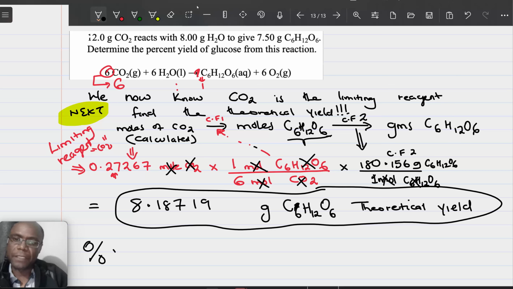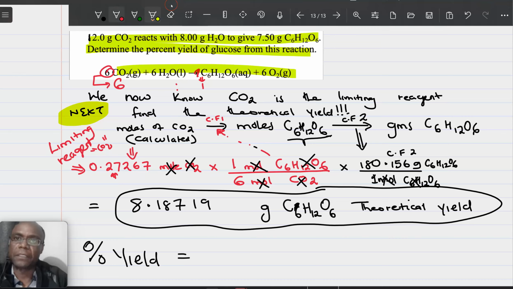So if you want to find the percent yield, which was the question, see, the question reads: 12 grams of CO2 reacts with 8 grams of water to give you 7.5 grams of glucose. Determine the percent yield of glucose from this reaction given the equation of reaction.